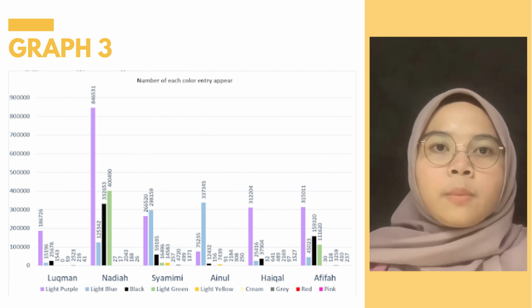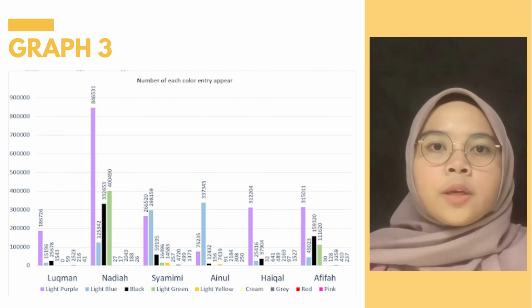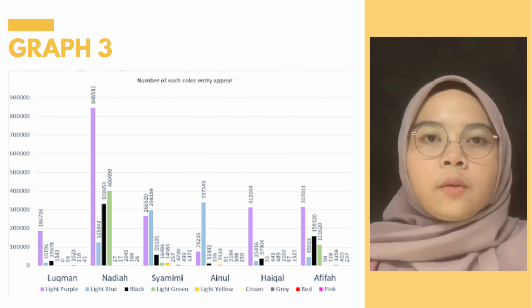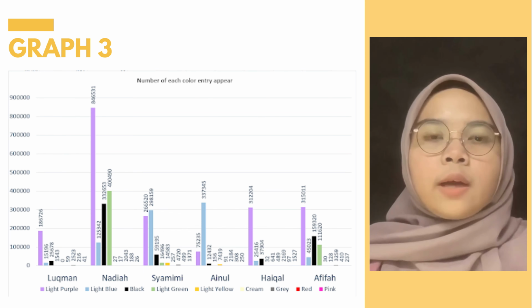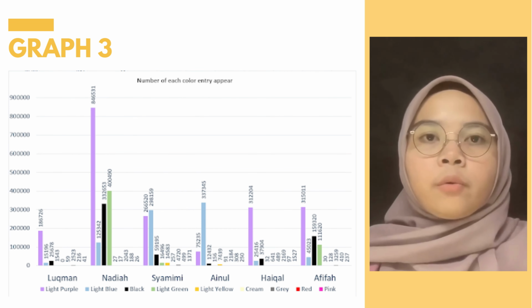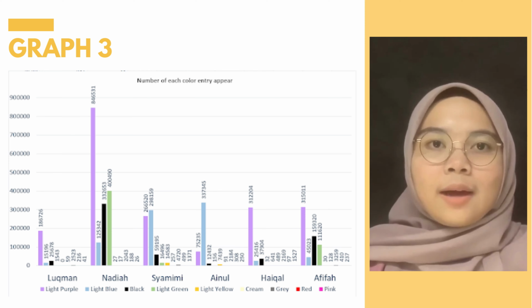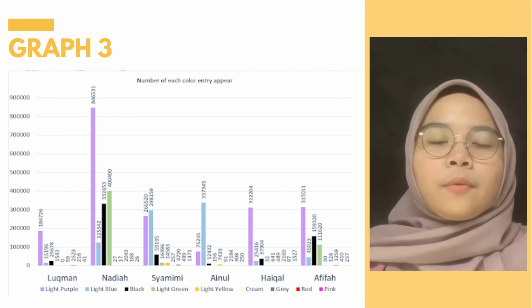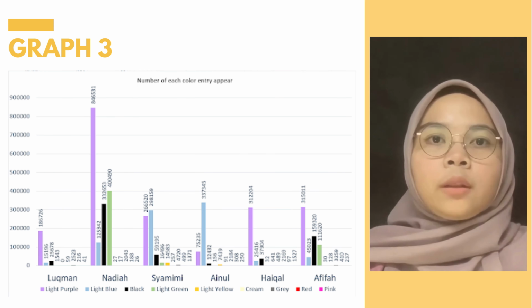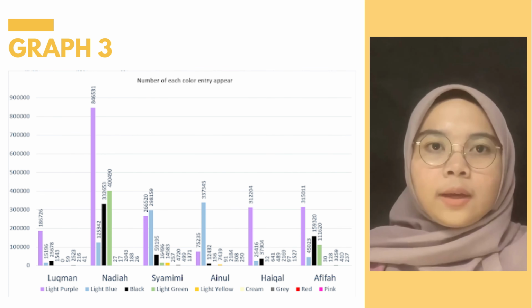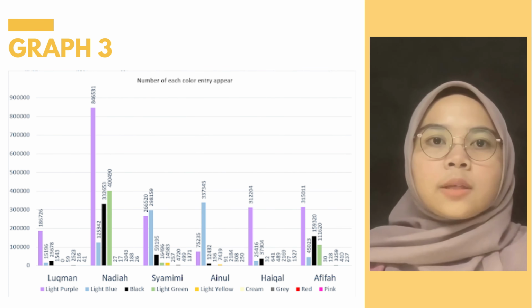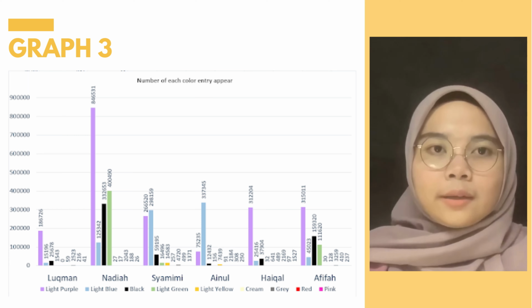For red color, Shamimi gets the highest value, which is 499, and we have value 97 as the lowest value owned by Haikal. And the last, Haikal got the highest for pink color, which is 1,527. Then Nadia gets 26 as the lowest value in this color.